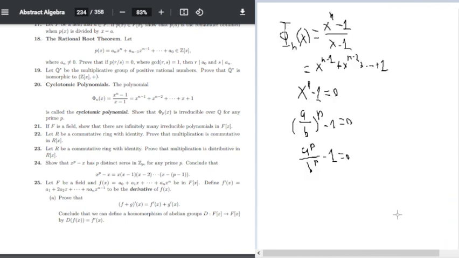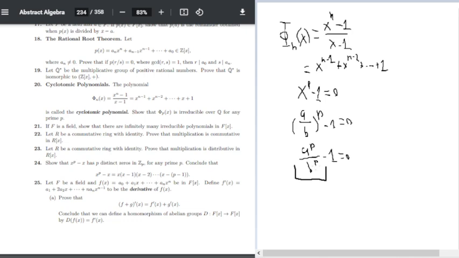Alright, so we have that a^p over b^p minus 1 is equal to 0. So you want to show that this term, obviously, we don't want 1 to be included. And for all other primes, the prime will be odd, so minus 1 won't be included. And obviously, it won't be any other integer.